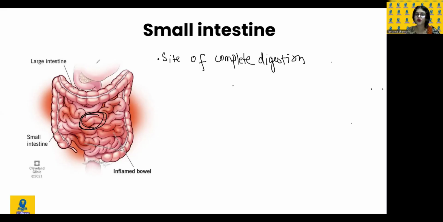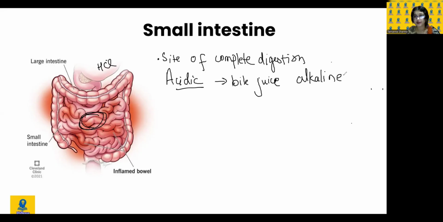Now the food that comes from the stomach, we know that the stomach has HCl, hydrochloric acid. So when the food comes to the small intestine, it will be acidic in nature. The bile juice will act on it and make it alkaline, because if it's too acidic, is it good? No, right?